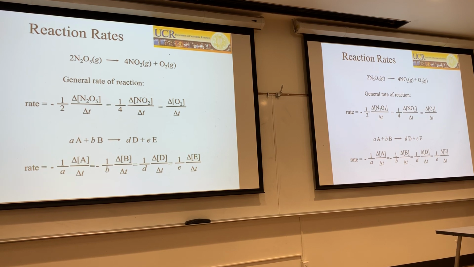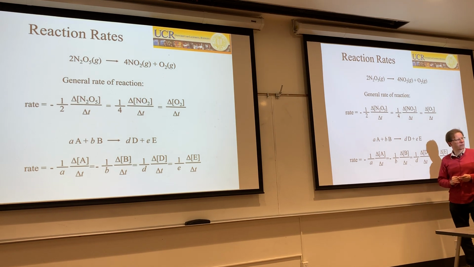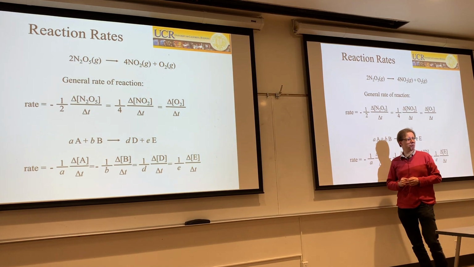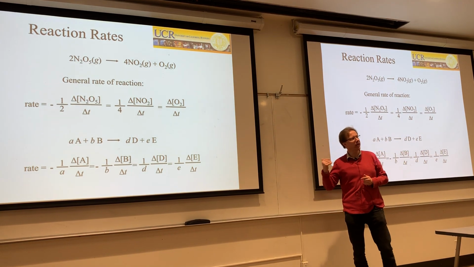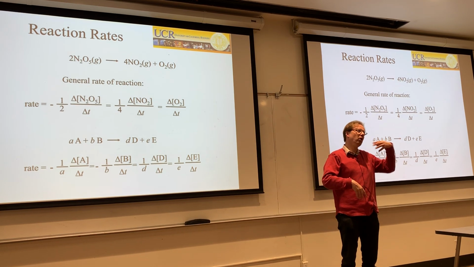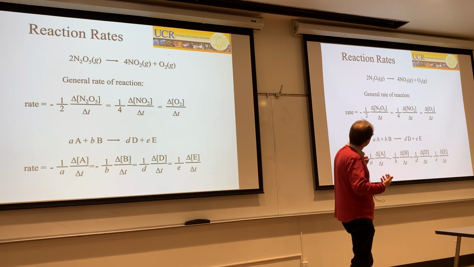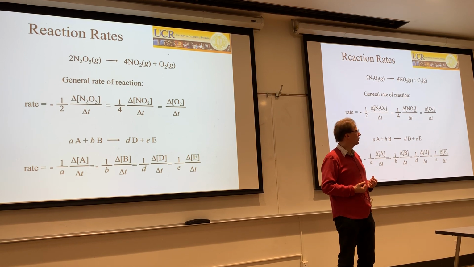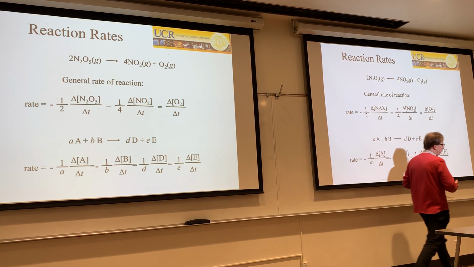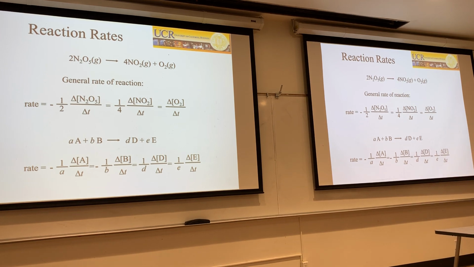So it is convenient to define one more rate for that, and that is the rate of the reaction, not the rate of the formation, not the rate of the decomposition, but something which describes how I wrote my reaction. Here I wrote my reaction, and I'll just take the stoichiometric coefficients which I find in this reaction and always put them in front of those changes.